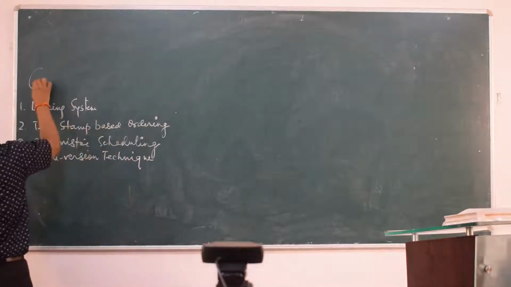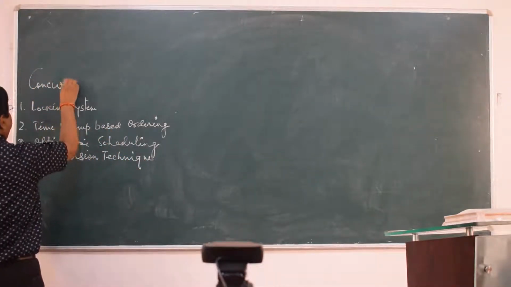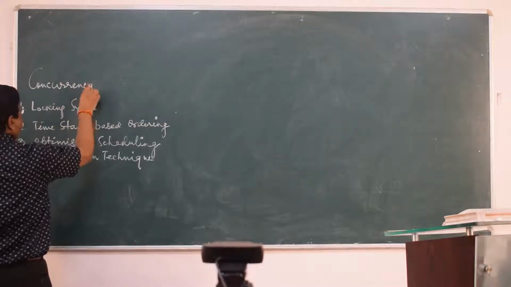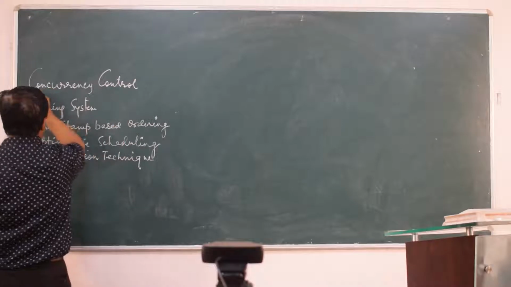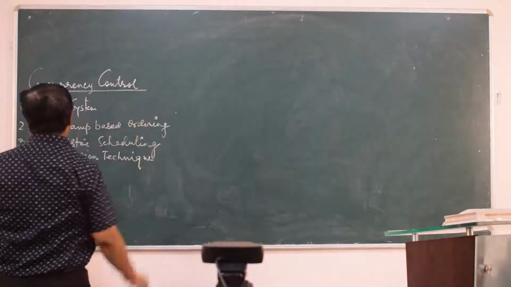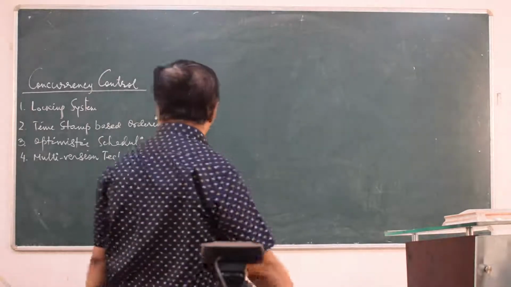So these are concurrency control techniques. By these four methods, we can control the anomalies of concurrency.